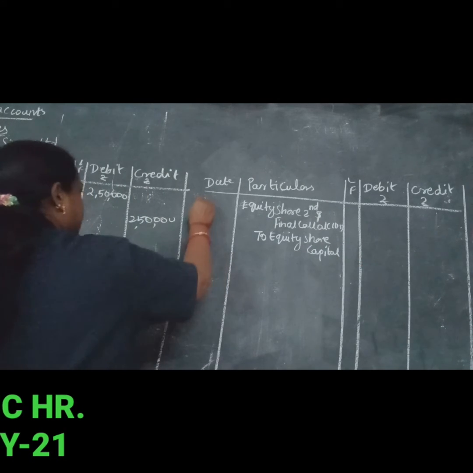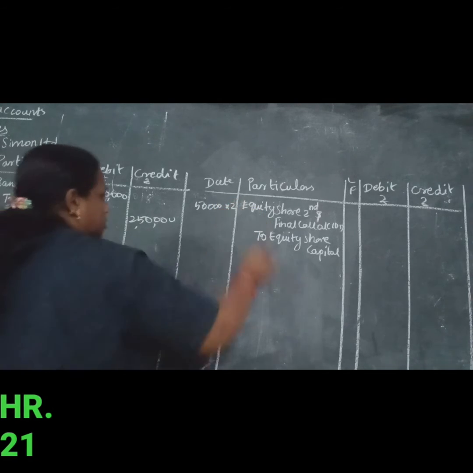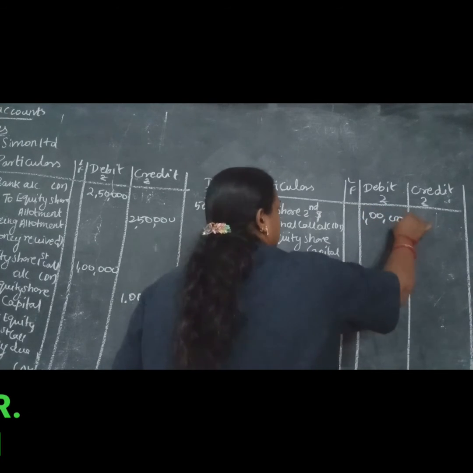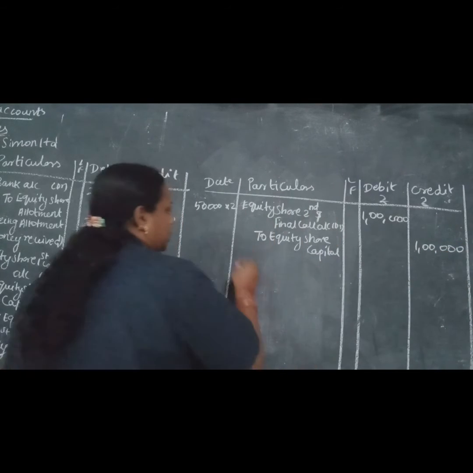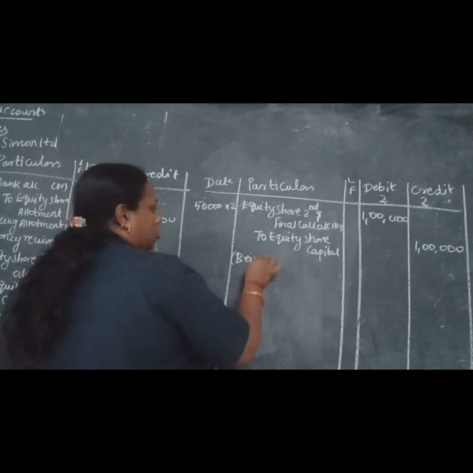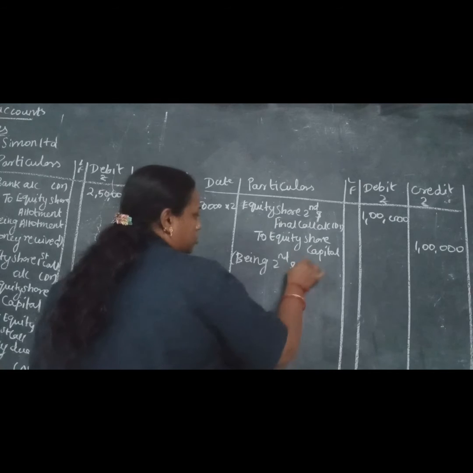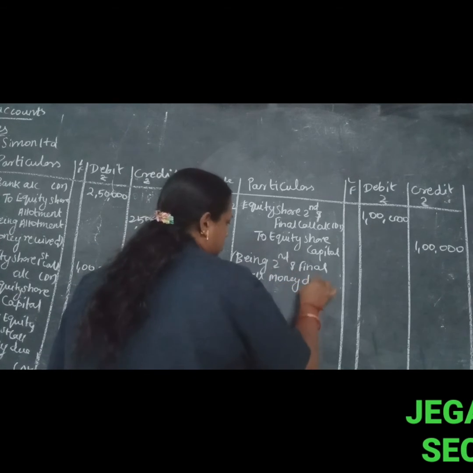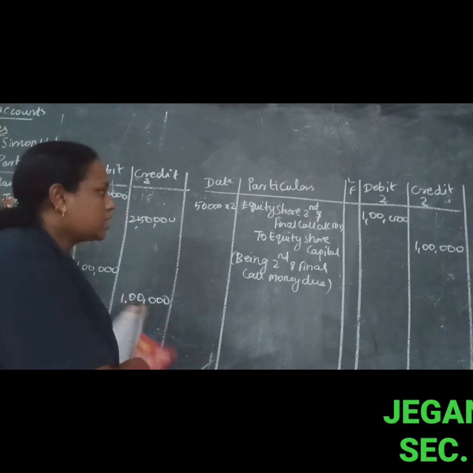So 50,000 shares into second call money, rupees 2, so same amount, 1 lakh. Being second and final call money due. Okay, so next we have to receive the second call money.